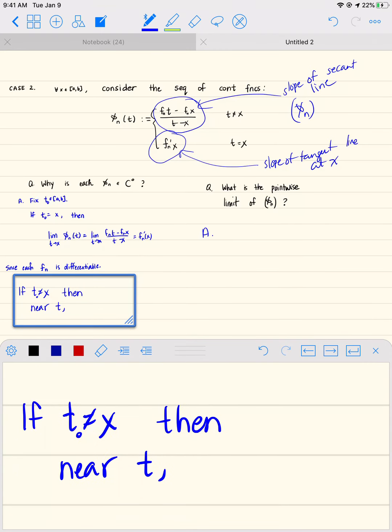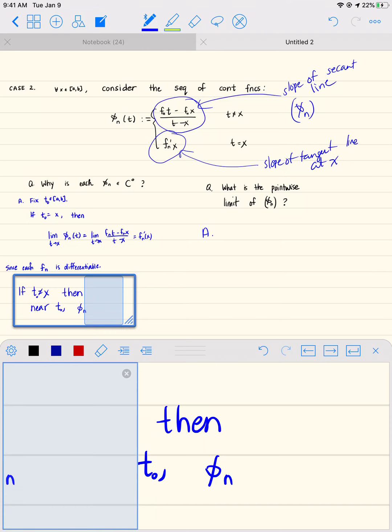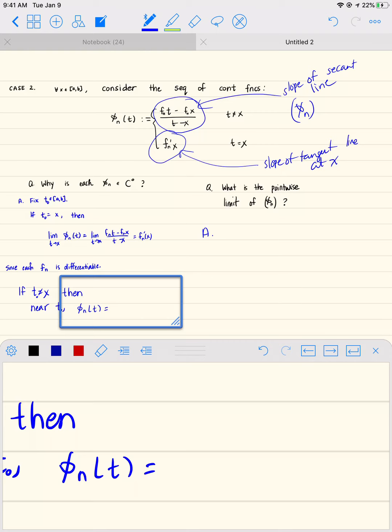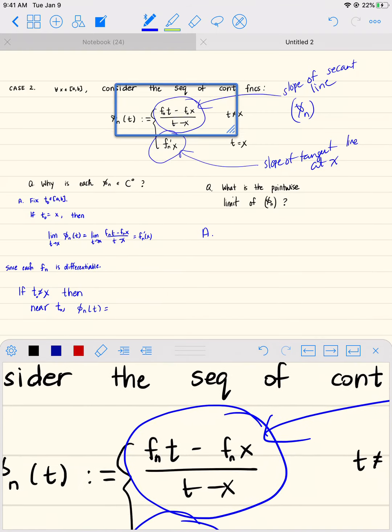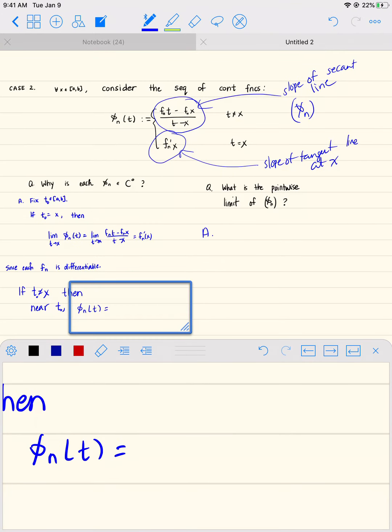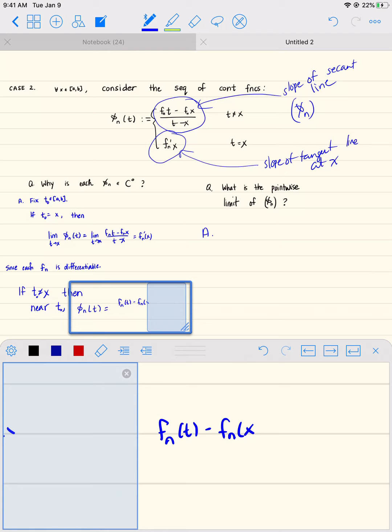Now if t naught is not equal to x, then near t naught, phi sub n of t is equal to, and I'm just going back to this formula right here, fn of t minus fn of x divided by t minus x.